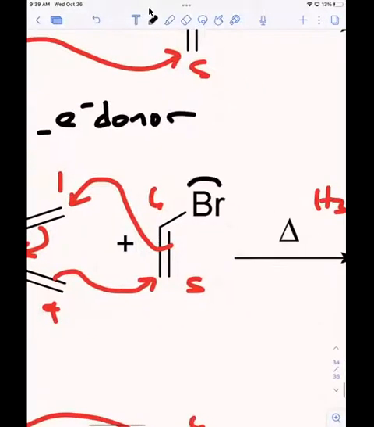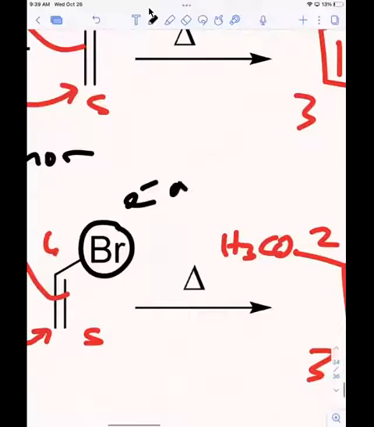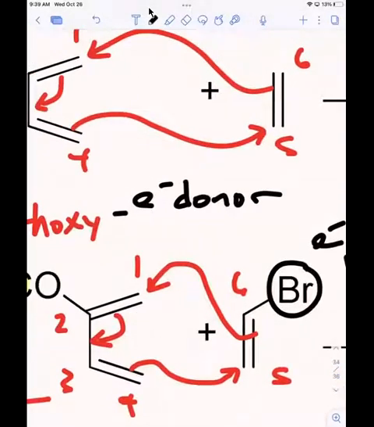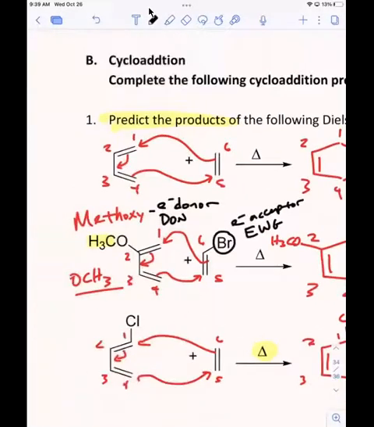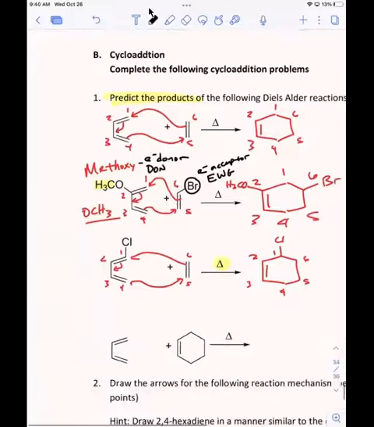And then bromine, because of its electronegativity, even though it has a bunch of electrons around it, is an electron acceptor, or we call it an electron withdrawing group. And over here for donor, we just abbreviate that as DON. This is important because for your dienophile, if you add an electron withdrawing group, it's going to make it more reactive.